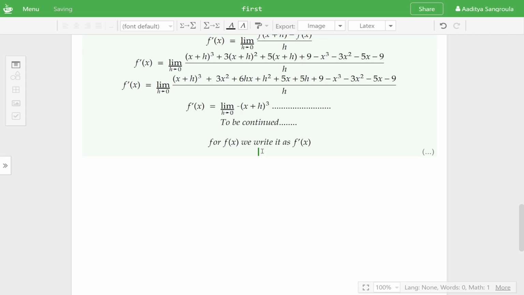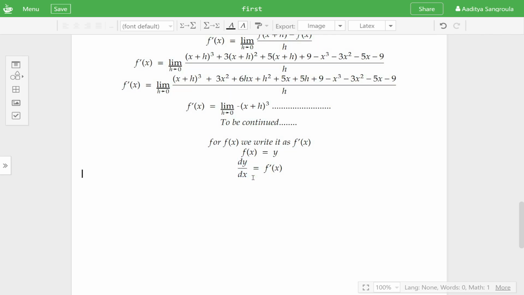Next, since we know that y is equal to f of x, we can say that dy over dx is equal to f prime at x. Why is it? Because we are differentiating the function y with respect to x.